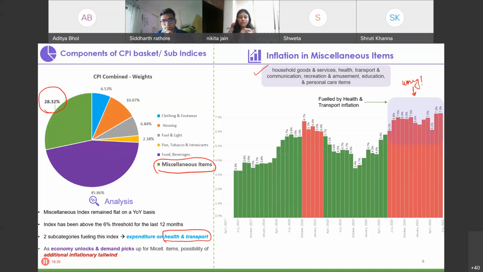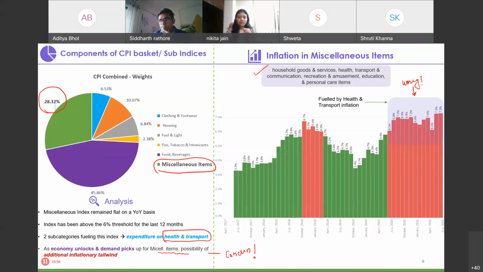But going forward, this remains a concern, because as demand is picking up for different items, there may be some possibility of this remaining sticky in nature, because as the demand for these services, household services, amusement, education, etc. increases, the prices may still remain in the higher bracket. So this is one of the factors which might be sticky even in the coming months.